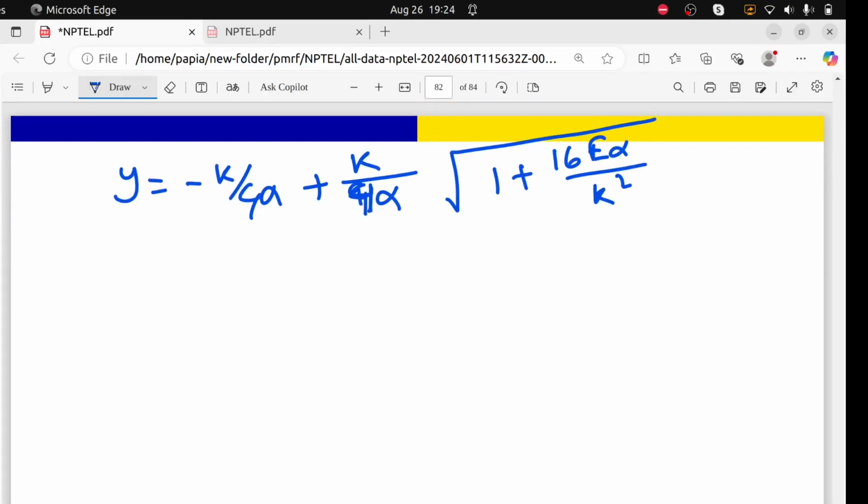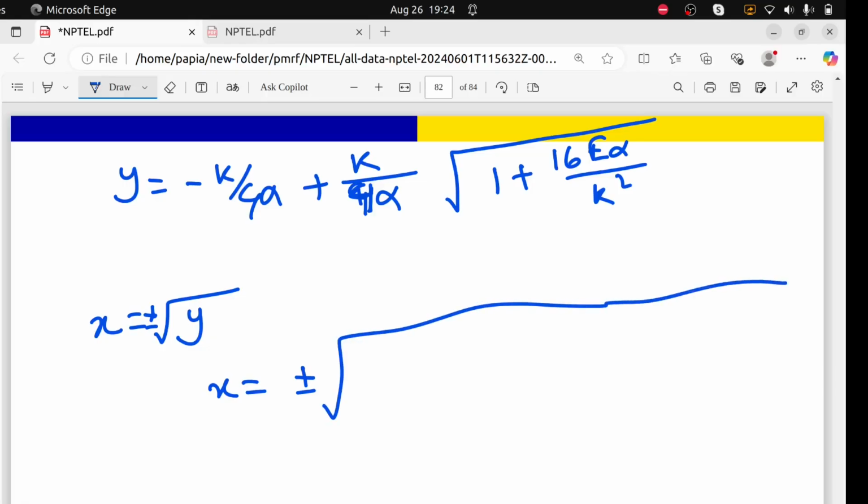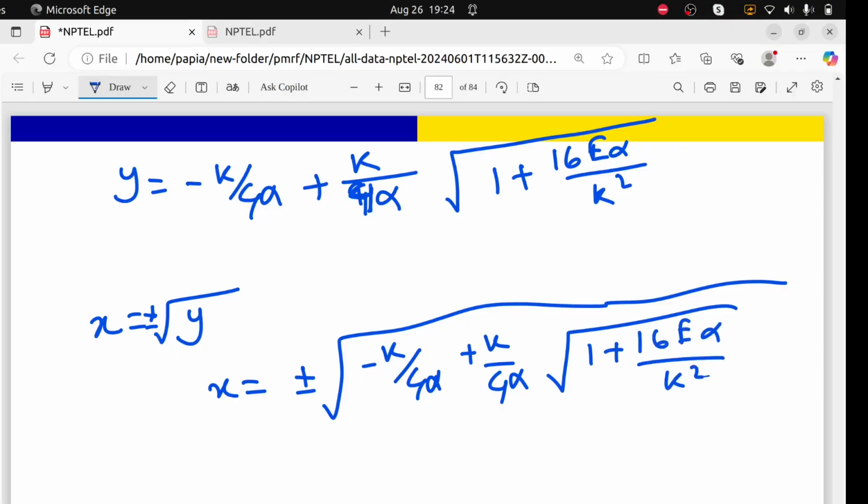So I can write it root y plus minus root y, and this is x will be plus minus, you can see here, root over of whole thing minus k by 4 alpha plus k by 4 alpha into root over 1 plus 16 e alpha by k square.